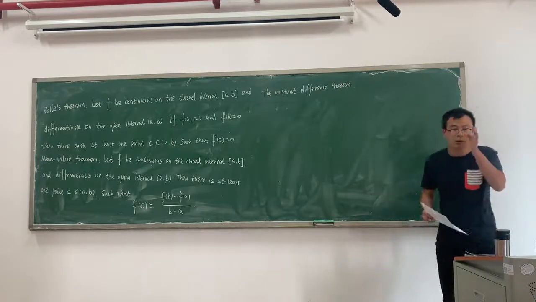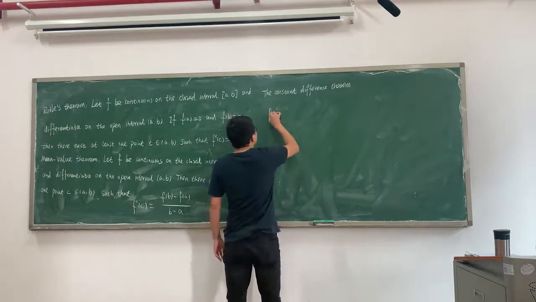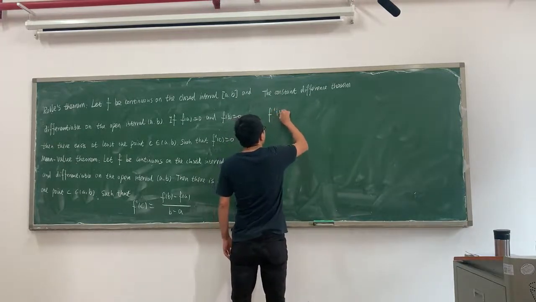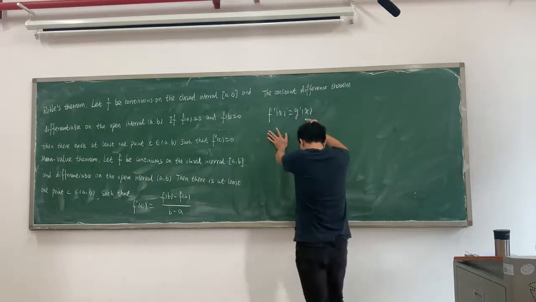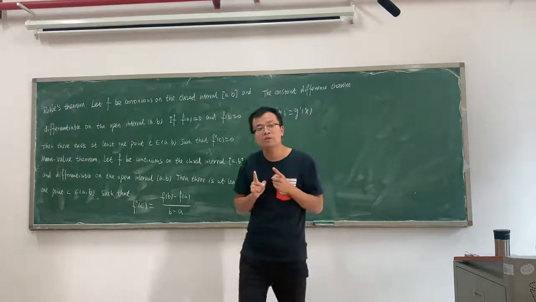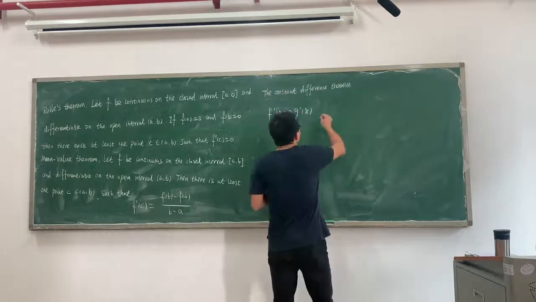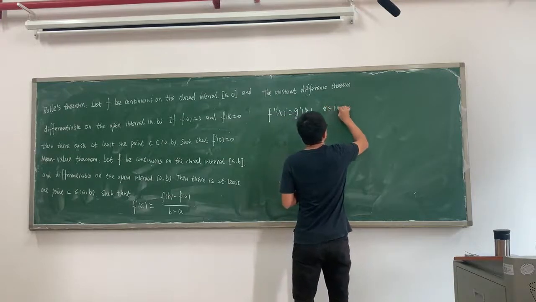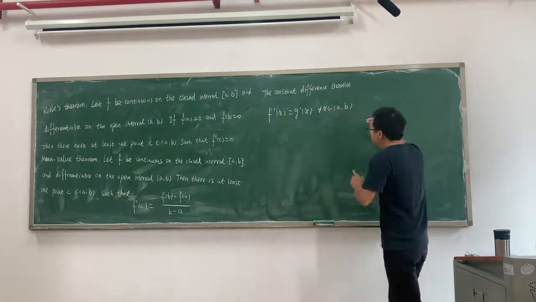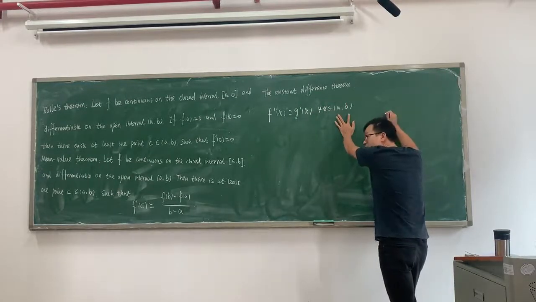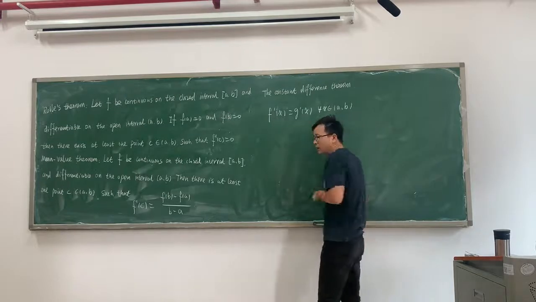For example, if we know two functions f and g have the same derivative on an open interval, that is, for any x belonging to the open interval (a, b), we have f prime equal to g prime, okay?